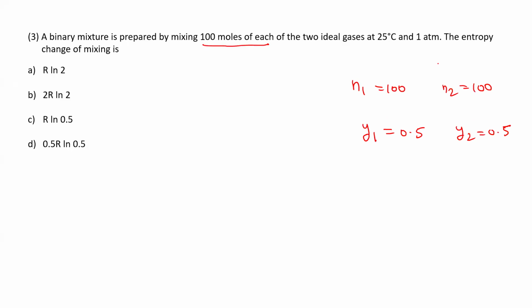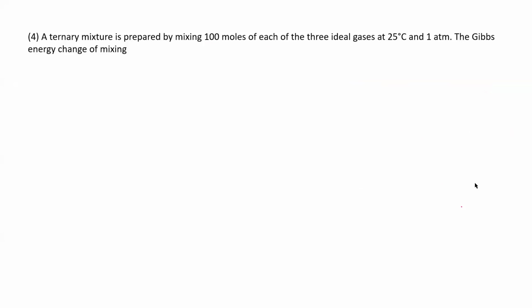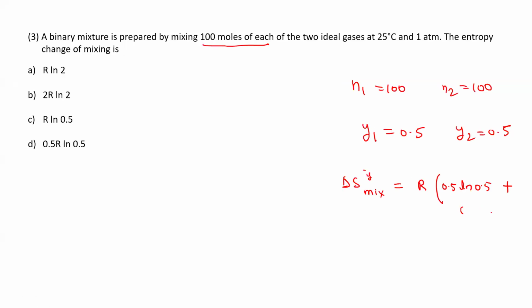The entropy change of mixing, delta S mix ig, equals R into sigma Yi ln Yi, so 0.5 ln 0.5 plus 0.5 ln 0.5. So this is equal to R into ln 0.5, since 0.5 plus 0.5 is 1, right?